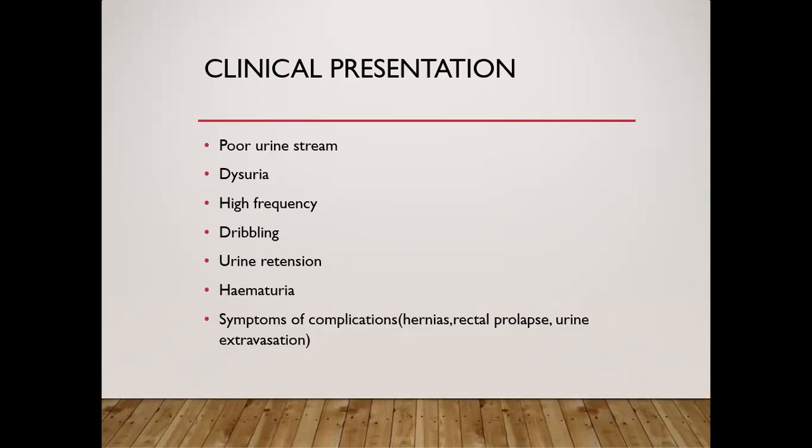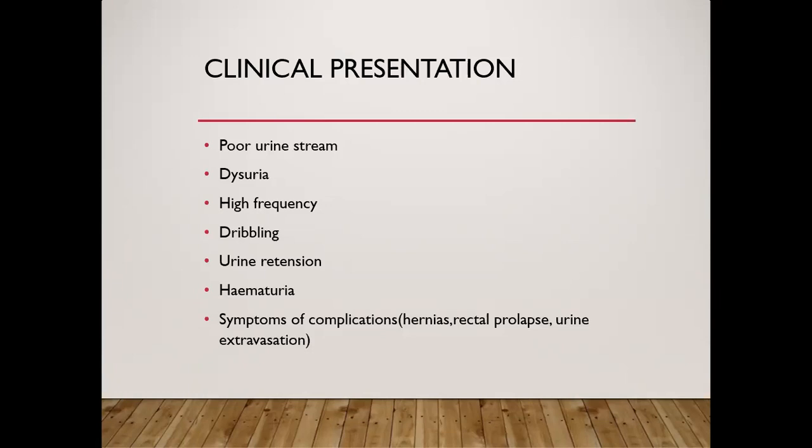Dribbling means even after urinating, there's still some urine that drops. And of course, these patients will usually end up having urine retention. The last time we talked about the LUTs, we agreed that urine retention can be acute or chronic. And we said acute urine retention is painful, but less dangerous compared to the chronic urine retention, which is non-painful.